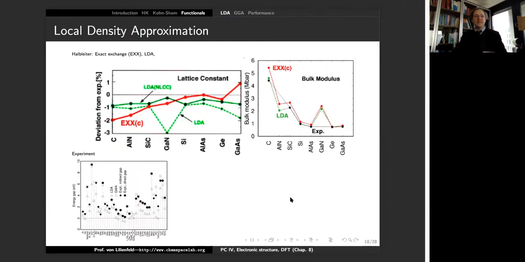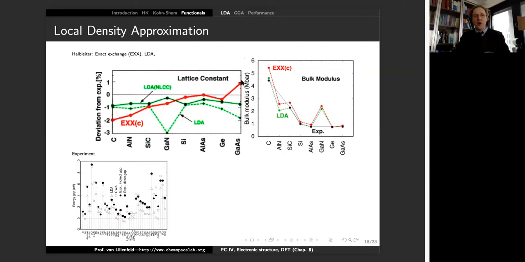So here you see some numerical results for various solids, the deviation from experiment with LDA, shown here in green, and then there's some correction you can do, and you see that overall this is a small percentage, less than 1%, right? This LDA with this nonlinear core correction, and you see that overall this does pretty well.